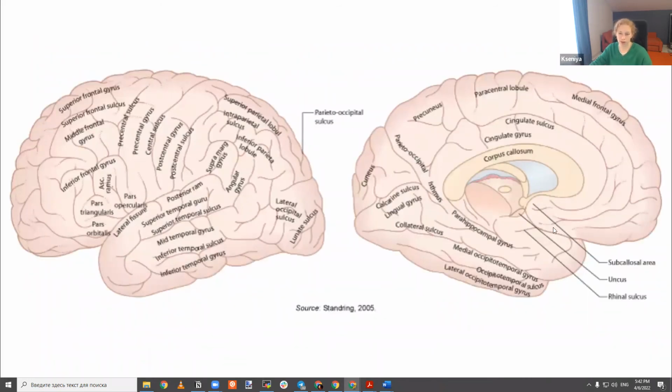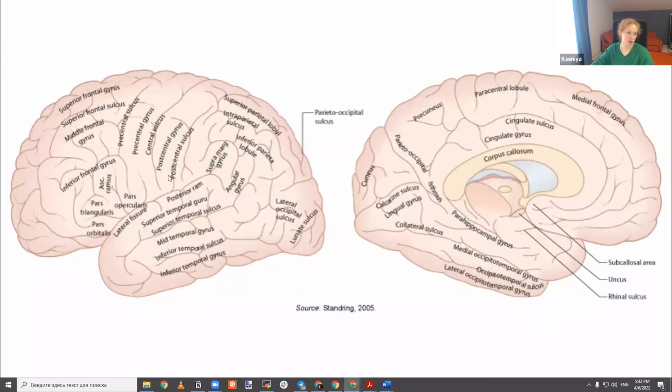Here are some important landmarks of the brain in the left hemisphere from a lateral perspective, the left panel, and a mid-sagittal perspective, the right panel. For example, the precuneus, cuneus, corpus callosum, as you remember, the cingulate gyrus, which will be widely discussed later, the hippocampal gyrus, which is connected with the hippocampus.